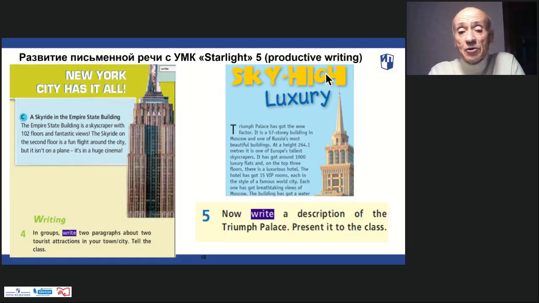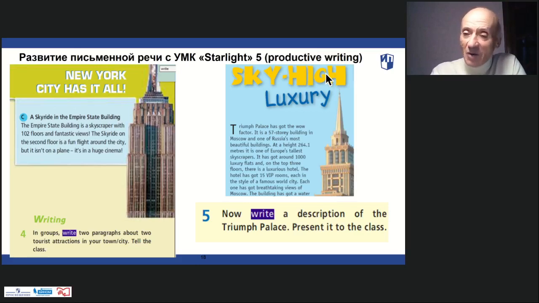They have to write a description of the Triumph Palace, which is in Moscow, which is a luxury building. It's a 57-story building in Moscow, and one of Russia's most beautiful buildings, sky-high luxury. This is a skyscraper, a high-rising house in Moscow. And if we complicate the task, they can compare it to the New York Empire State Building.